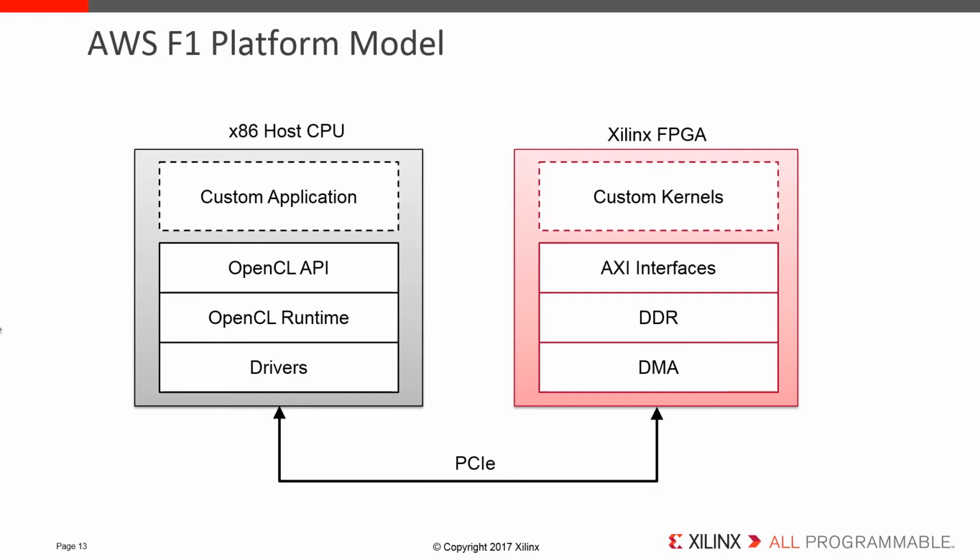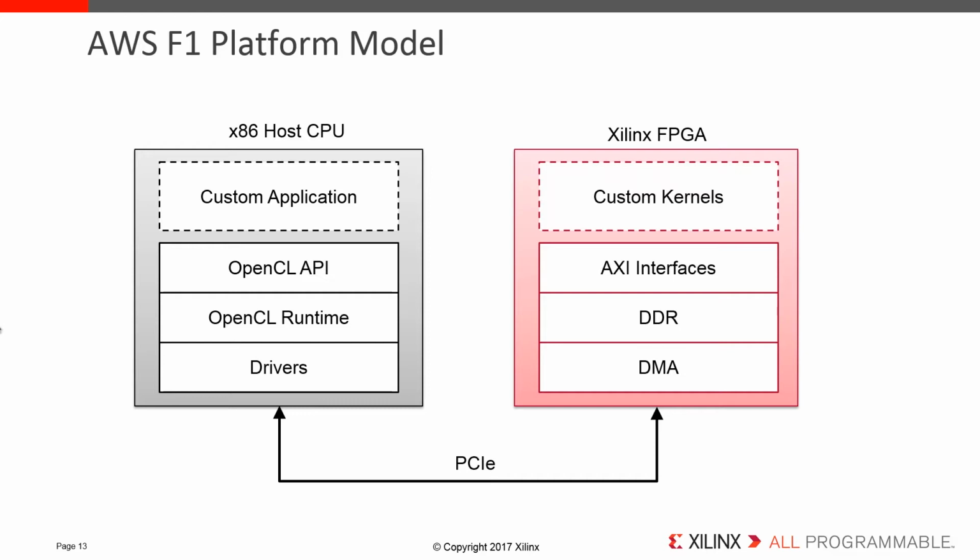On the host CPU, the custom application interacts with the FPGA using the OpenCL API. OpenCL is an industry standard providing clear semantics to parallel computing. The OpenCL runtime is responsible for managing and servicing the various acceleration requests sent to the FPGA.